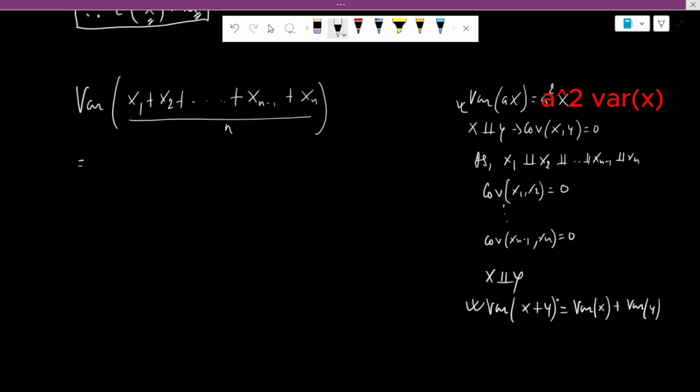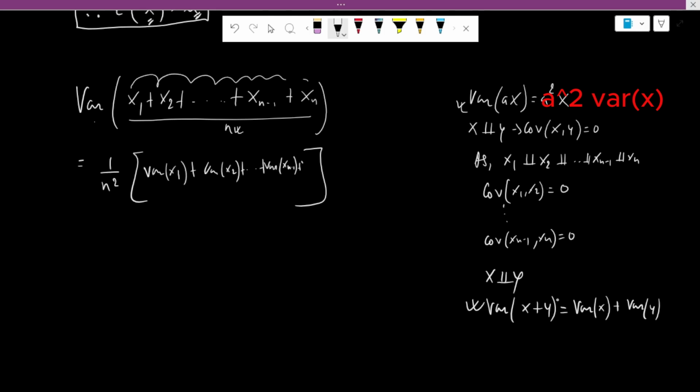So 1 by n, where n is a constant, becomes 1 by n square, and we have the variance of the sum of independent random variables, which is equal to the sum of their variances. And we know that this sample comes from a distribution with mean mu and variance sigma square.